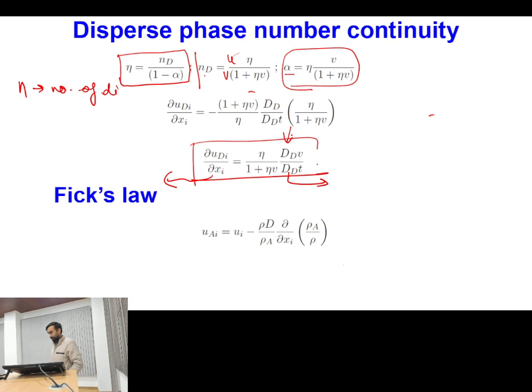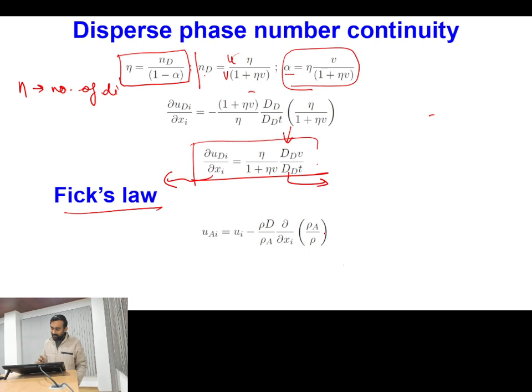not reacting. But on the contrary, if you consider reacting gas mixtures, there you will find strong reactions between the molecules. So here Fick's law is also essential along with the continuity equation in order to determine the transport of properties between the individual phases.